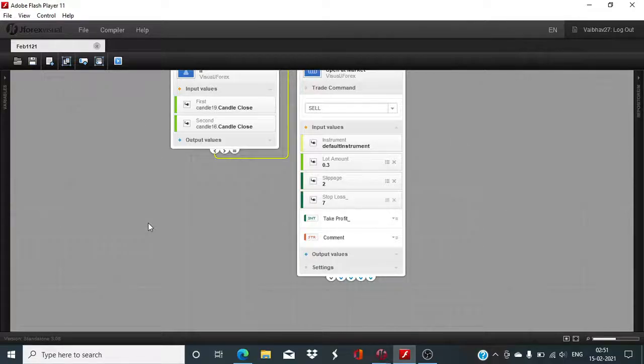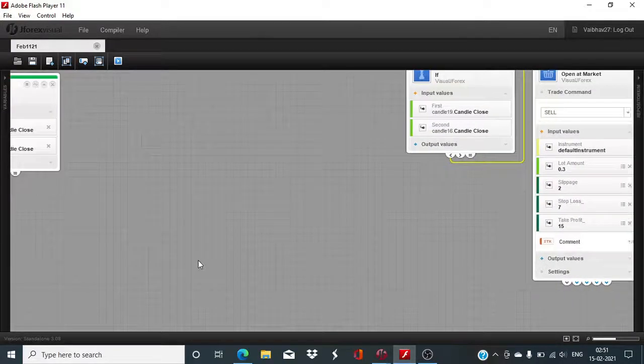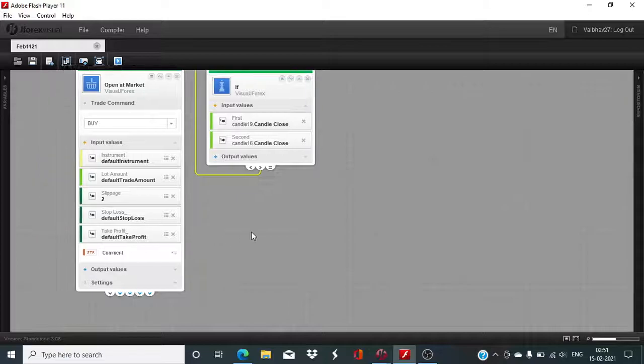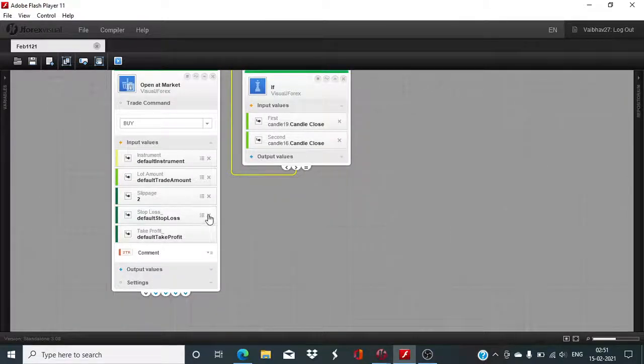So for example, I'm taking 7 pips as the stop loss and 15 pips as the take profit. There is nothing sacrosanct about it. You can change it. You can go for different combinations also. You can also look at the volatility of the underlying instrument and define the stop loss and the take profit accordingly.